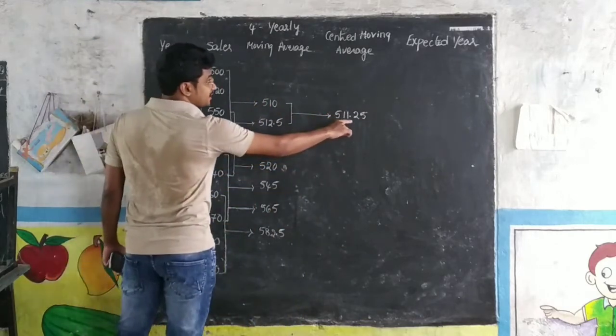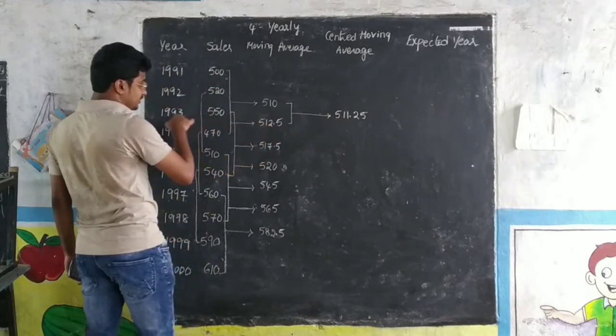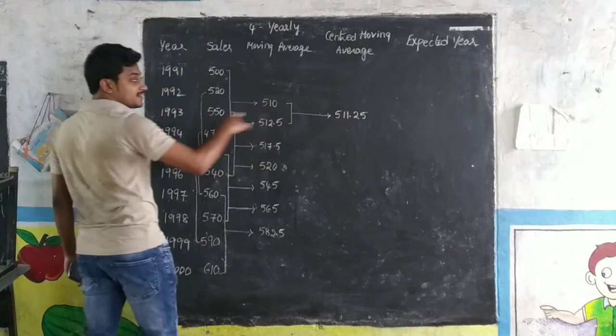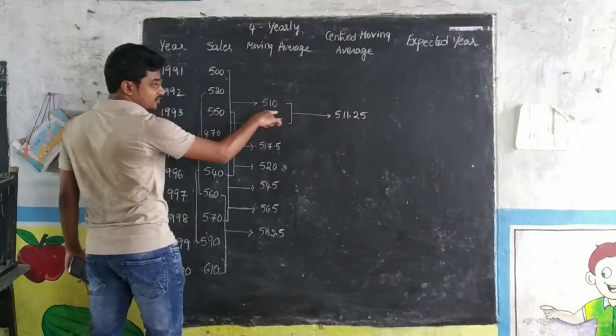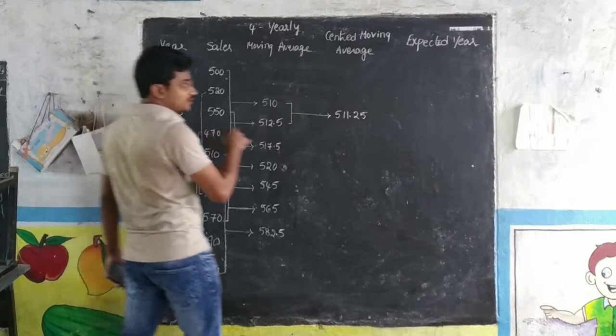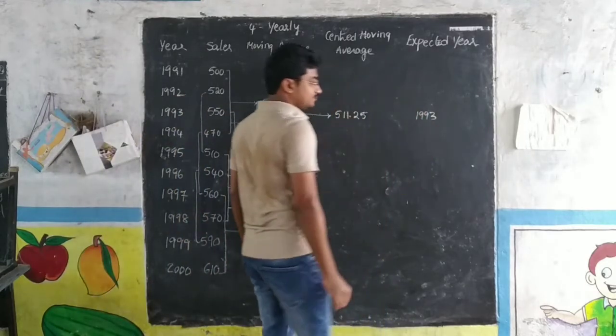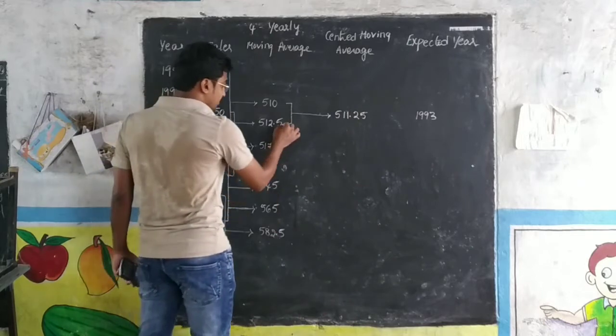Now the centered moving average value coincides with 1993. This is the expected year, 1993.